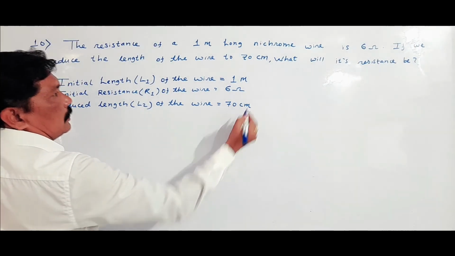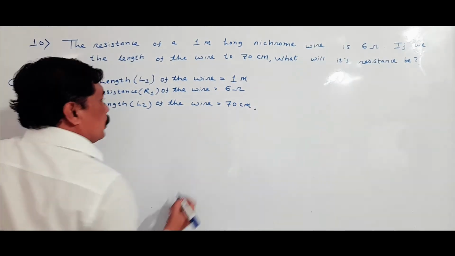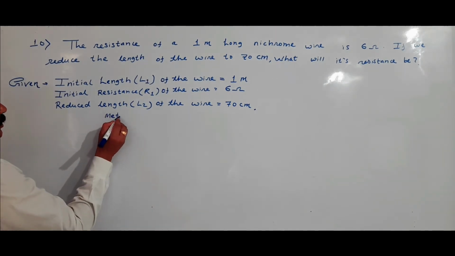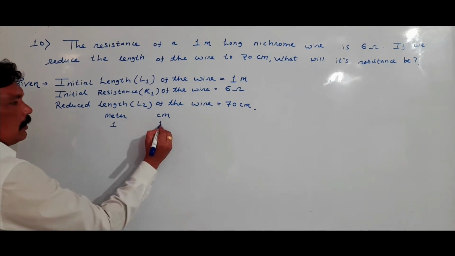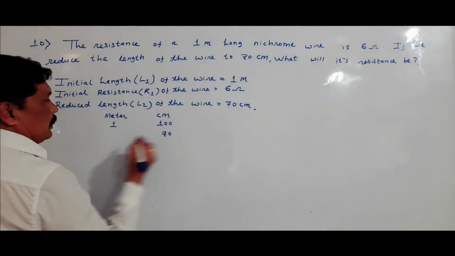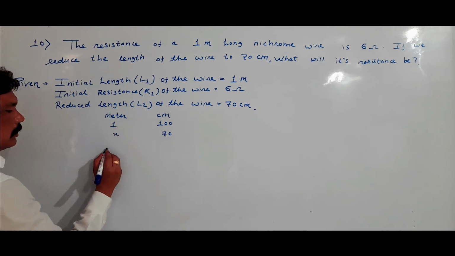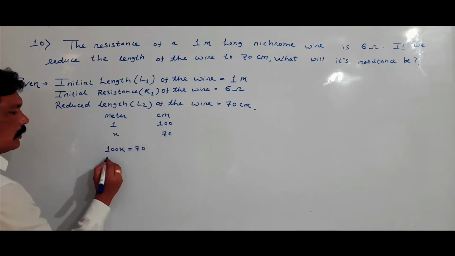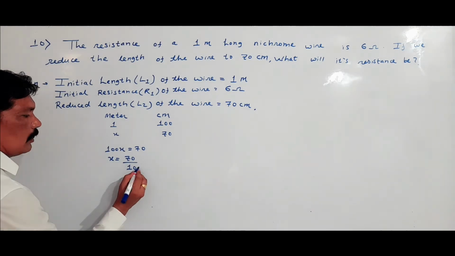My dear student, this centimeter we have to convert into meter. 1 meter is 100 centimeter. 70 centimeter is x meter. We will do the cross multiplication. 100x is equal to 70. X is equal to 70 divided by 100.